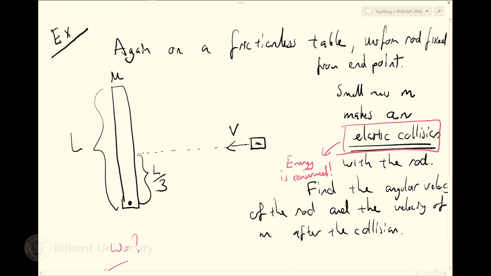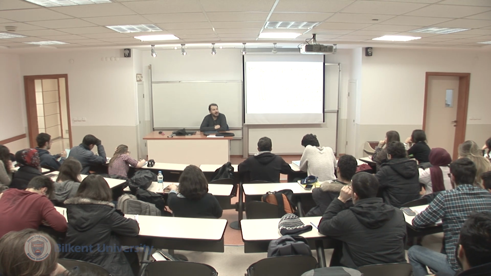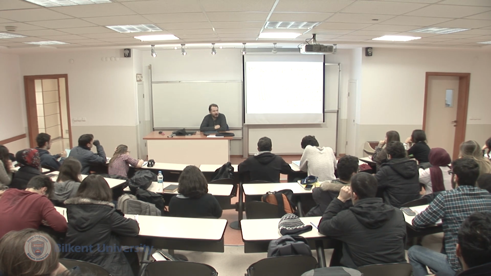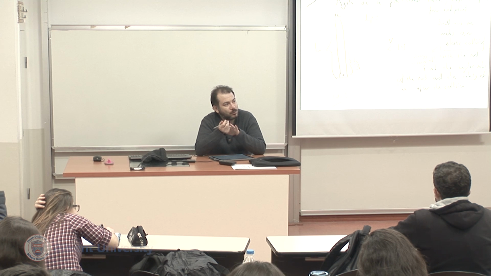Yes, question. When we say elastic collision, I'm talking about angular momentum or... neither. Elastic means energy is conserved. In this problem, it turns out angular momentum is conserved, energy is conserved, but linear momentum is not conserved.